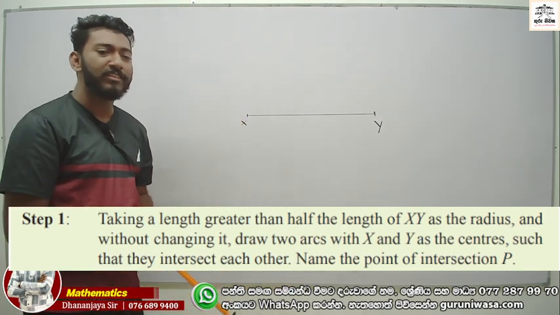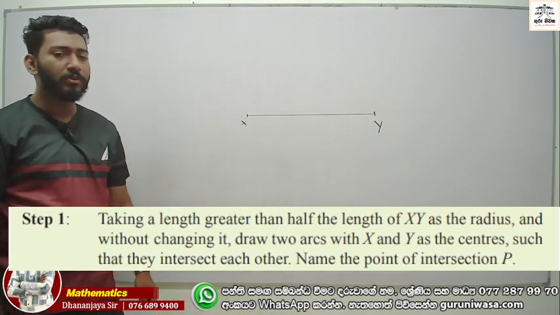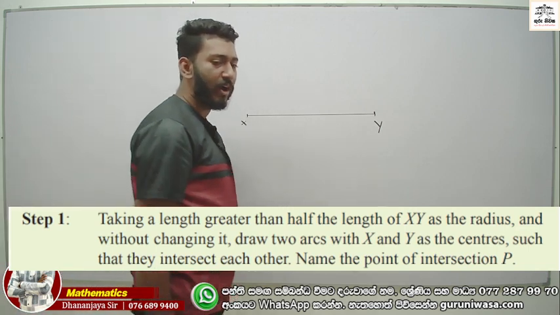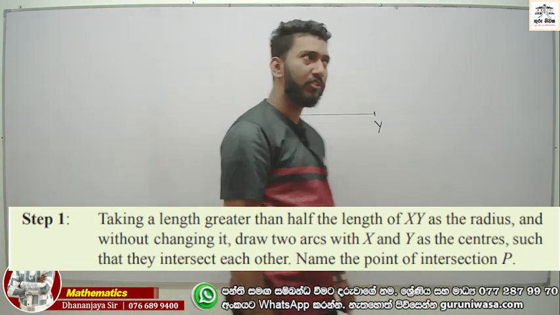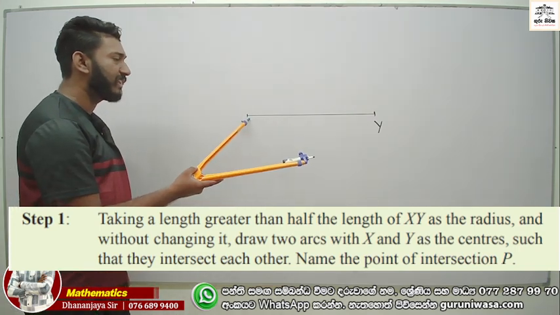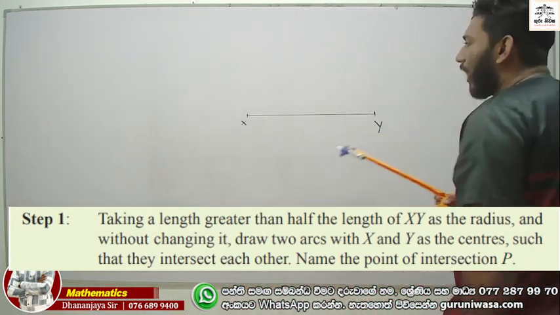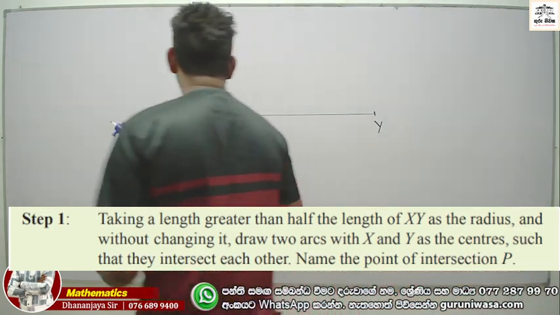Without changing it, draw two arcs with X and Y as the centers. Place your compass at X, taking X as a center, and then taking Y as a center, and draw the two arcs and the intersection lines like this.